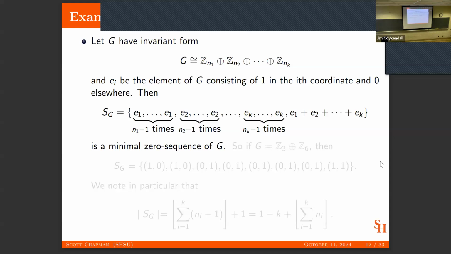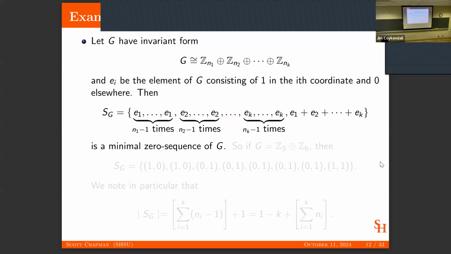I'm going to go to the first coordinate, look at E1. I'm going to take n sub 1 minus 1 of those. Then I'm going to go to the second coordinate and do the same thing. I'm going to take n sub 2 minus 1 copies of E2. I'm going to do that in every coordinate. And if I add all those up, I don't get 0 back.